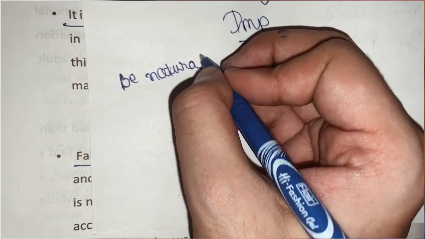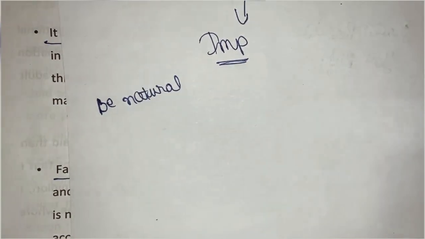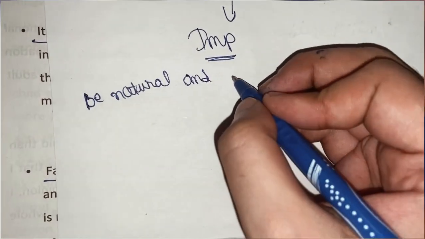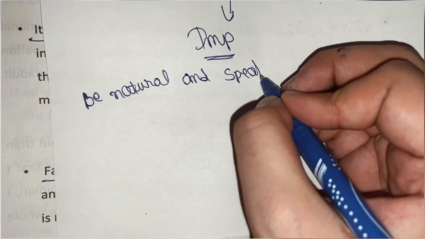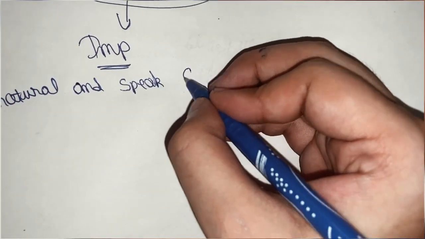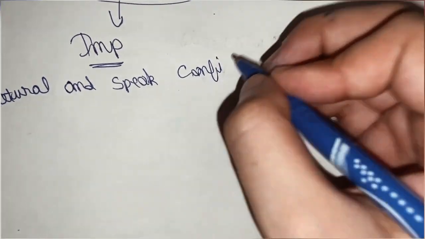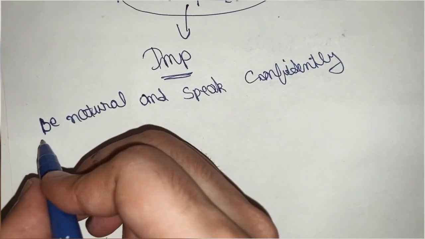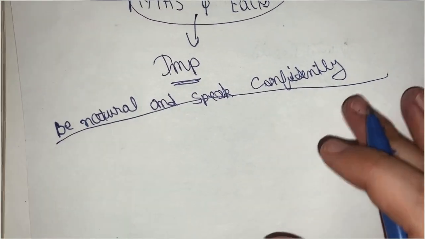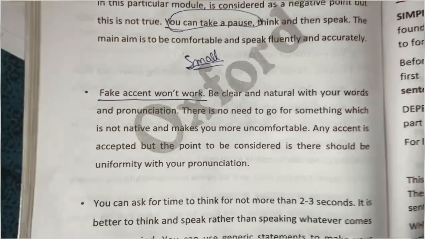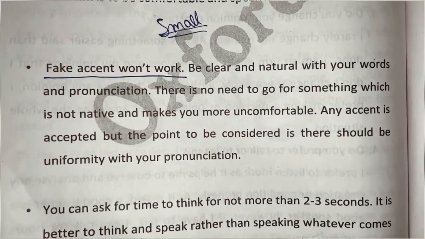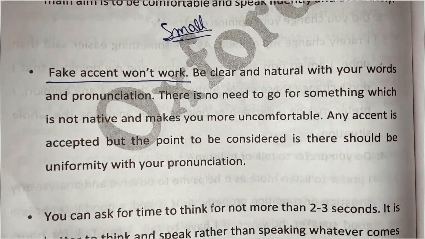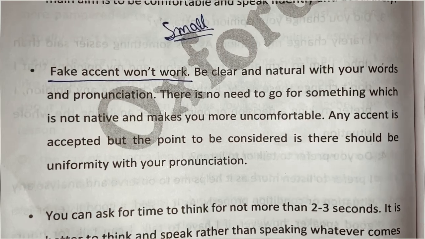If you want to speak English, speak in the way in which you are comfortable, not trying to imitate an English accent, British accent, or American accent, thinking it will enhance your English speaking and get you more bands, but this is not true, guys. Speak naturally and confidently so that your bands are not reduced, as the examiners are very experienced and they know who is speaking naturally and who is faking their accent. So please be natural and don't fake your accent. This should be considered as uniformity with your pronunciation.